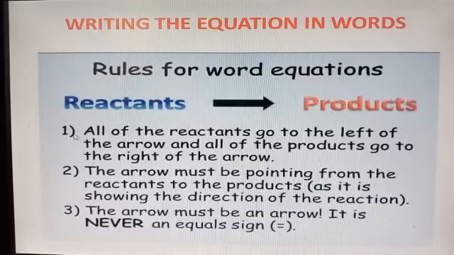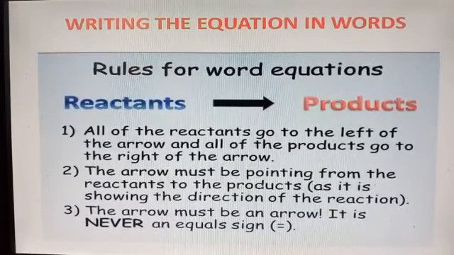Rule number 1 for word equations: all of the reactants go to the left of the arrow, and all of the products go to the right of the arrow. So on the left of the arrow we write all the reactants, on the right of the arrow we write the products.